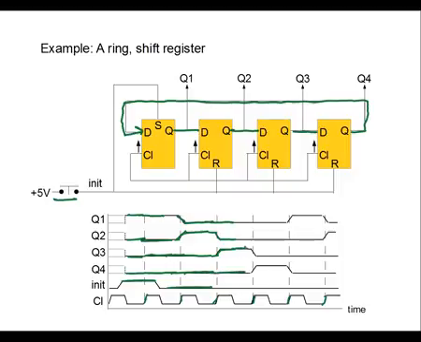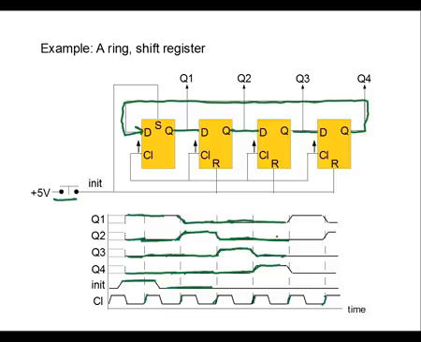Then we continue in this direction until the next clock cycle, and Q1 will stay 0, because Q4 was 0. Because Q1 was 0, Q2 stays 0. Because Q2 is 0, Q3 is going to become 0. And because Q3 had been 1, Q4 goes up to 1.